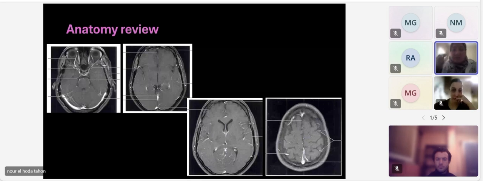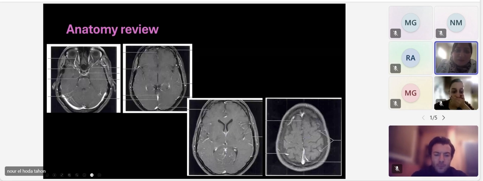It can be leptomeningeal metastasis, so it is important to identify this as well. But this looks smooth, similar and symmetric bilaterally, so I'm not worried. There's nothing.